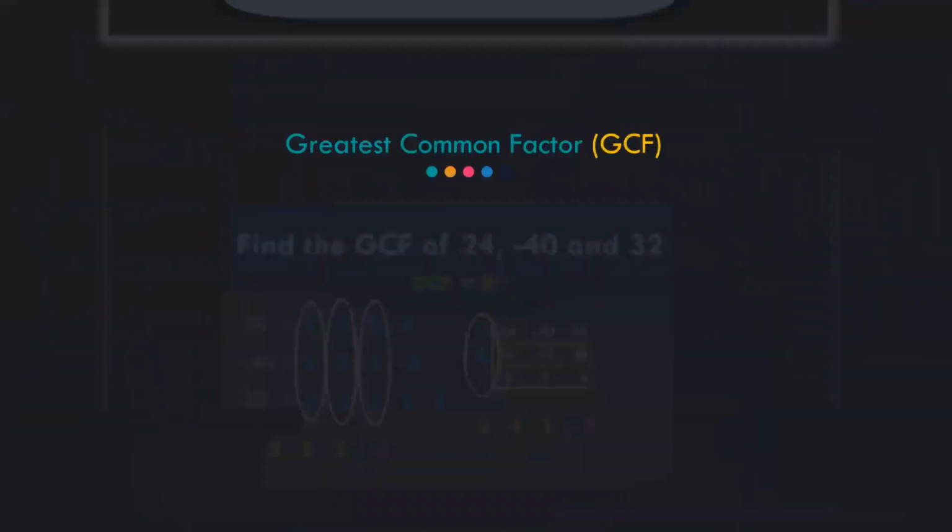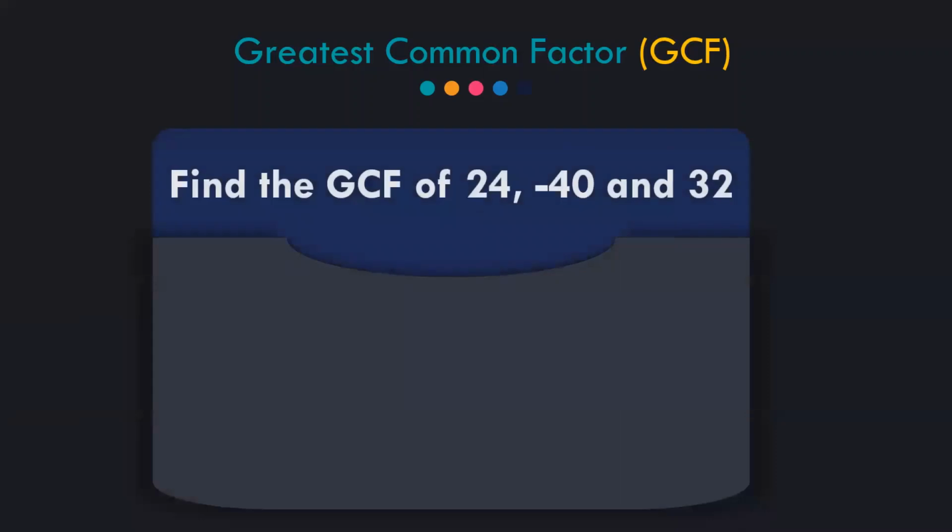Another example. So, find the GCF of 24, negative 40, and 32. Now, may nakita kayong given na negative number or negative integer which is negative 40. But, remember, na sa GCF, lagi siyang largest positive integer.